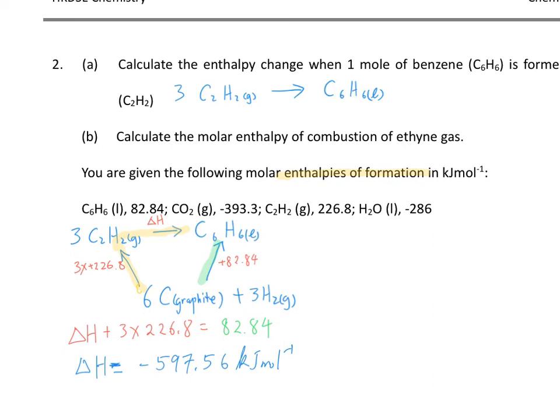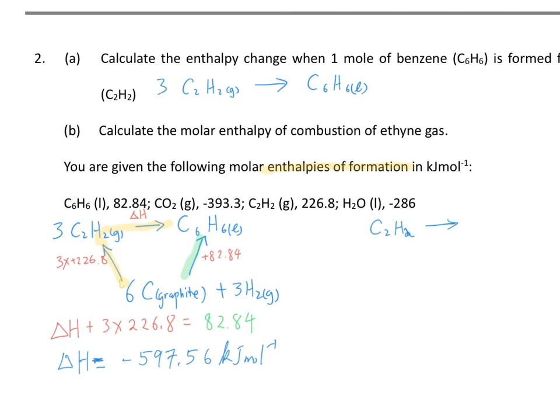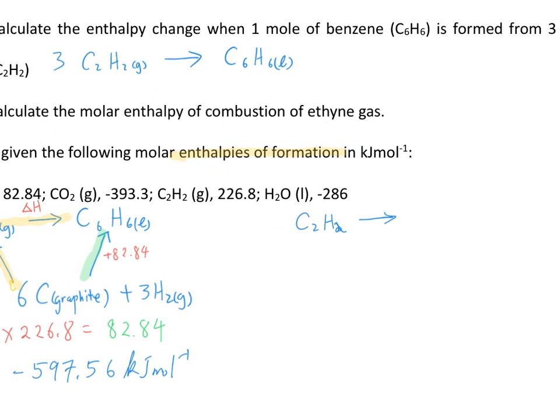For part B, if you want to find out the molar energy for the combustion of the ethine, then they will combust to form the carbon dioxide and water, and of course we need some oxygen gas.